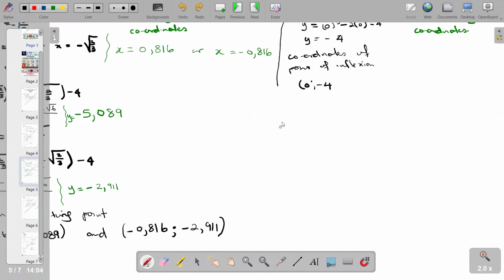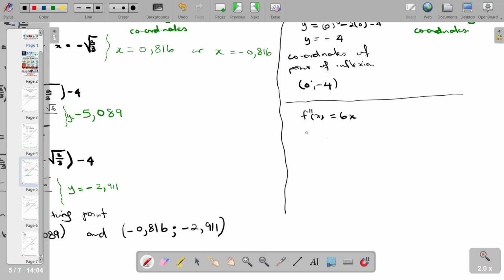So to do that next step, you get your second derivative. We found our second derivative to be equal to 6x. To determine, substitute the x values at turning point.